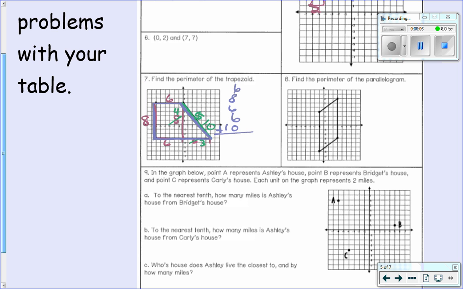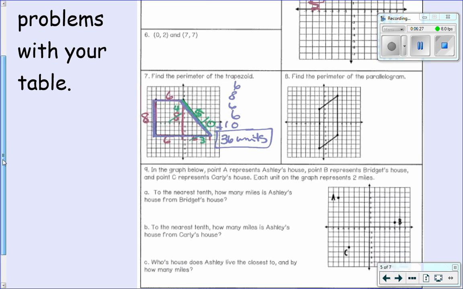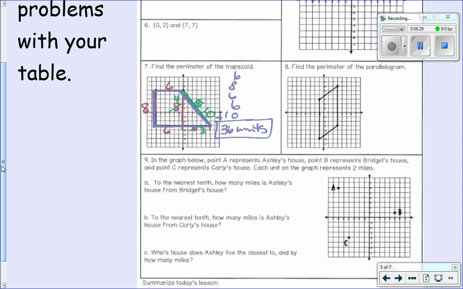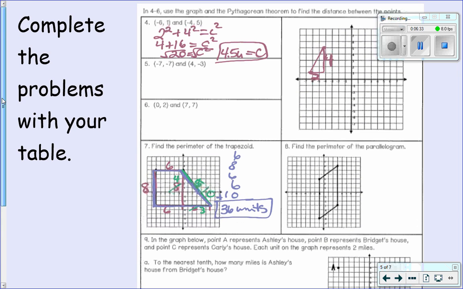And what do y'all get as the perimeter in units? 36 units. Questions? All right, with your table, I want you to complete the rest of the page, and make sure when you do number 9 at the bottom that you read carefully. So 5, 6, 8, and 9.